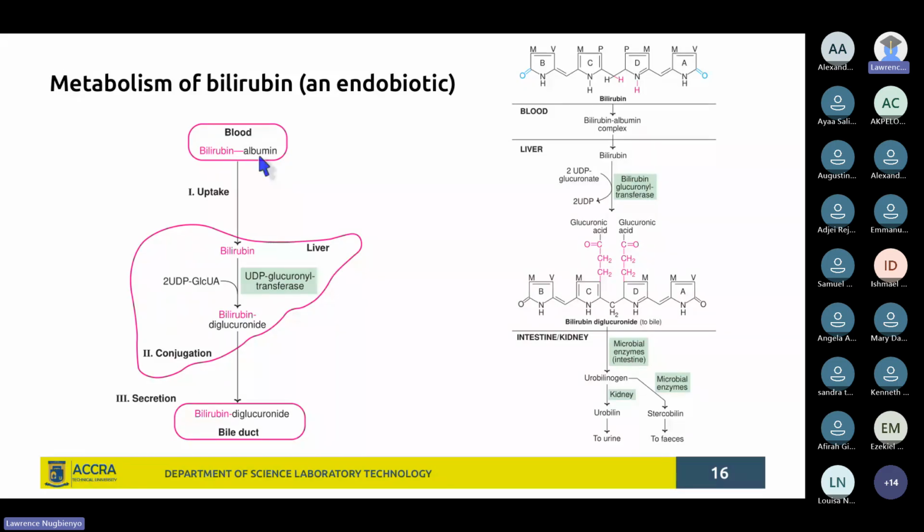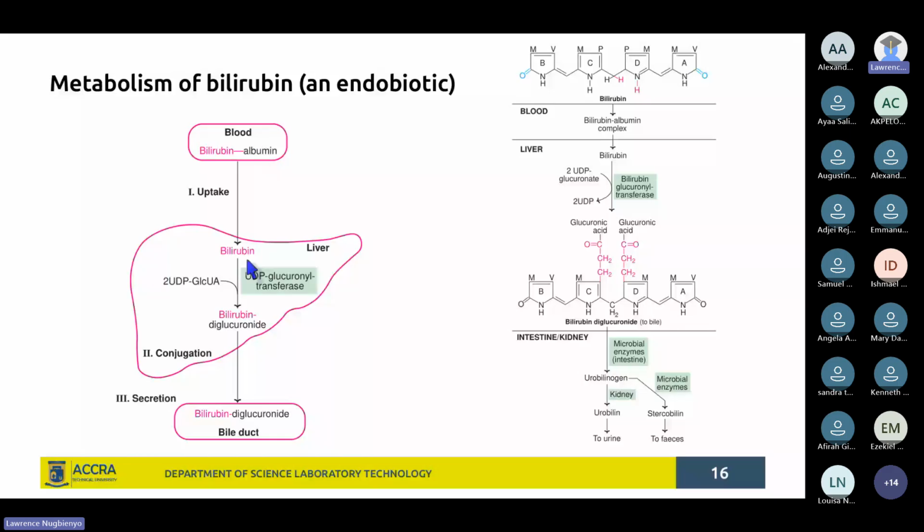So in blood, you have bilirubin that can bind to the plasma protein albumin, and that then is taken into the liver, because it's flowing in the bloodstream to the liver, and once it gets into the liver, you have, of course, the bilirubin getting separated from that albumin.